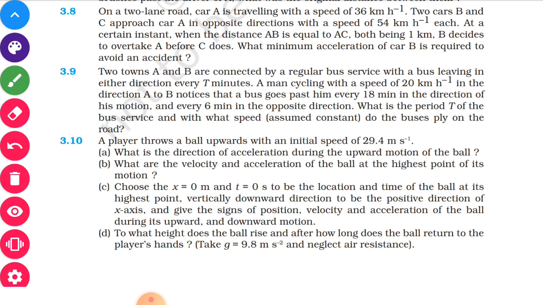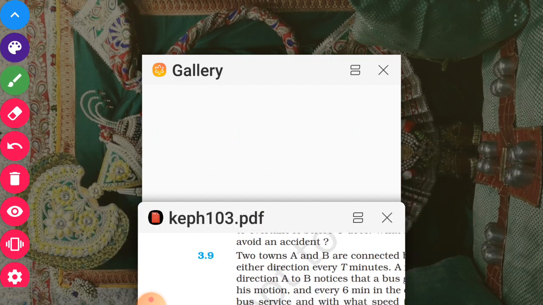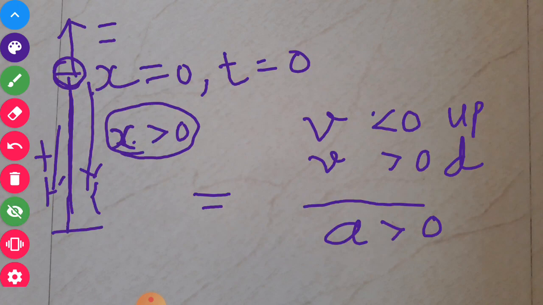Okay, to what height does the ball rise, and after how long does the ball return to the player's hand? Take g is this. Okay, so ball is thrown from x is equal to 0 now. Here we can calculate it easily. Here this ball is thrown in the upward direction. Okay, so you can see this is, say, x is equal to 0.